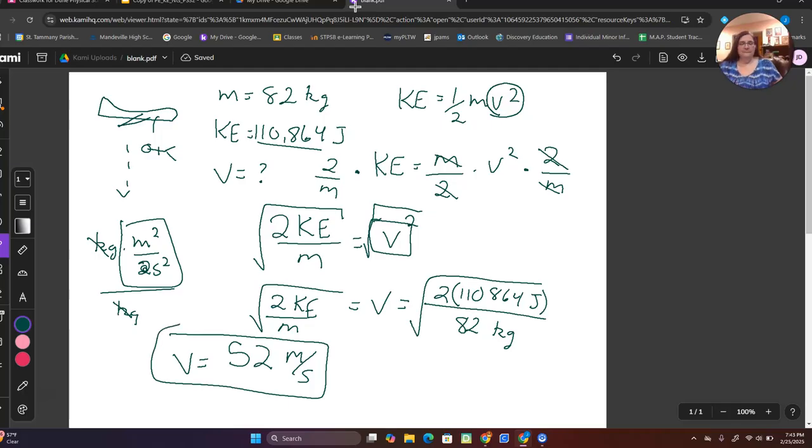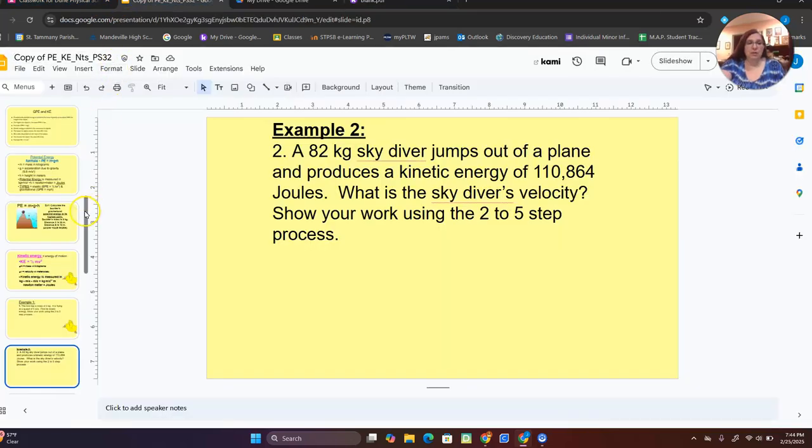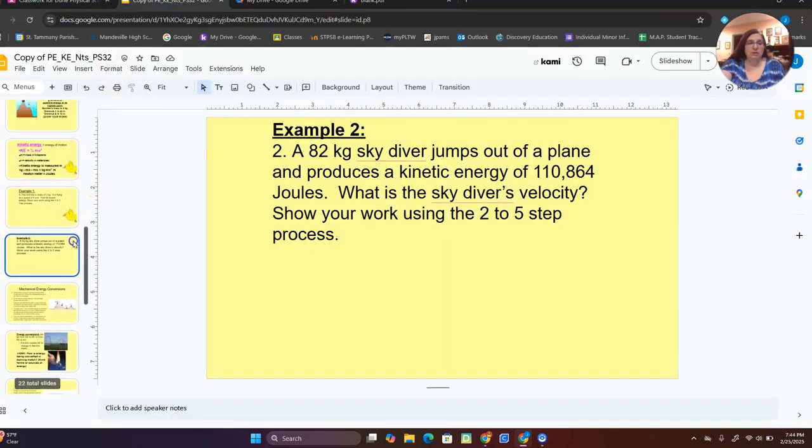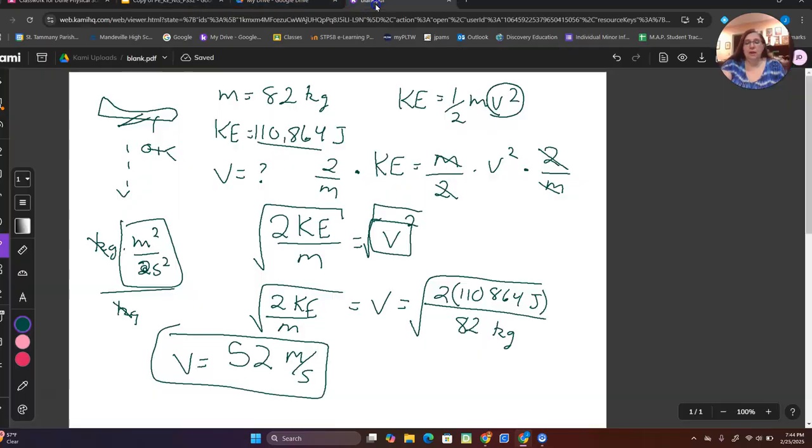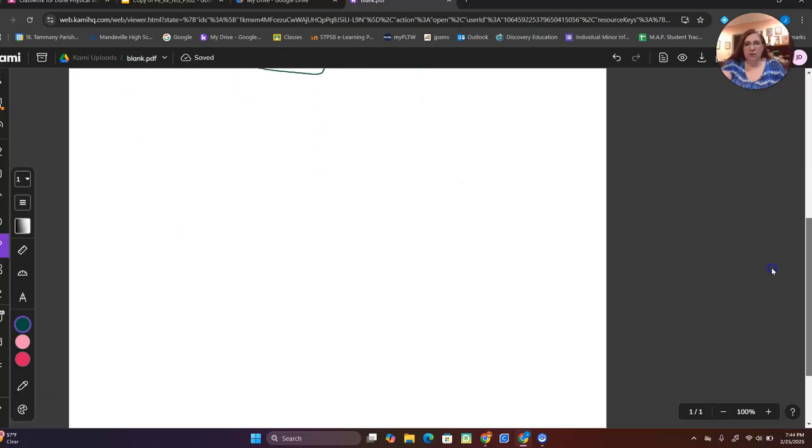Now, these are two equations that you need. I know some of y'all we talked about this little triangle to help you rearrange equations when we talked about the force equation, F equals ma. We can create that for both of these.